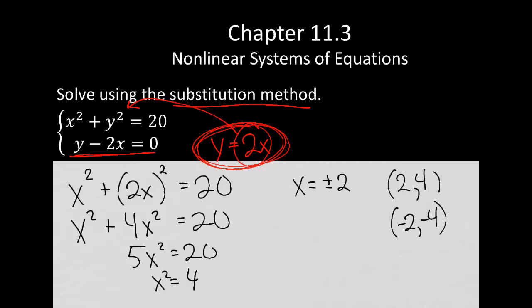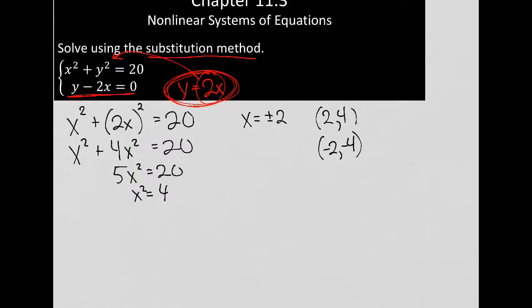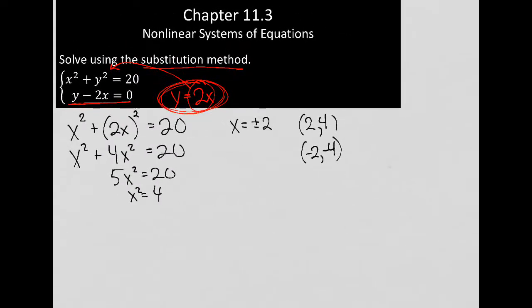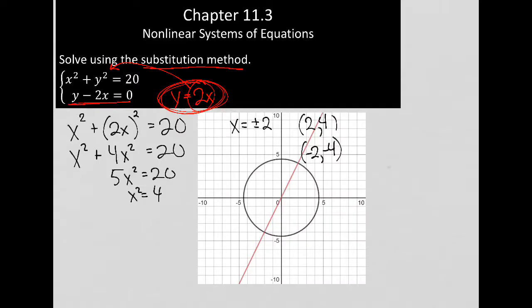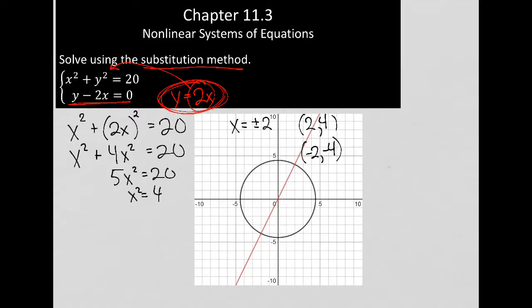Now, I went ahead and graphed this one just so you could see what happens. Let's go grab that picture real quick. And there it is. That first equation was a circle, and the second equation is a line.